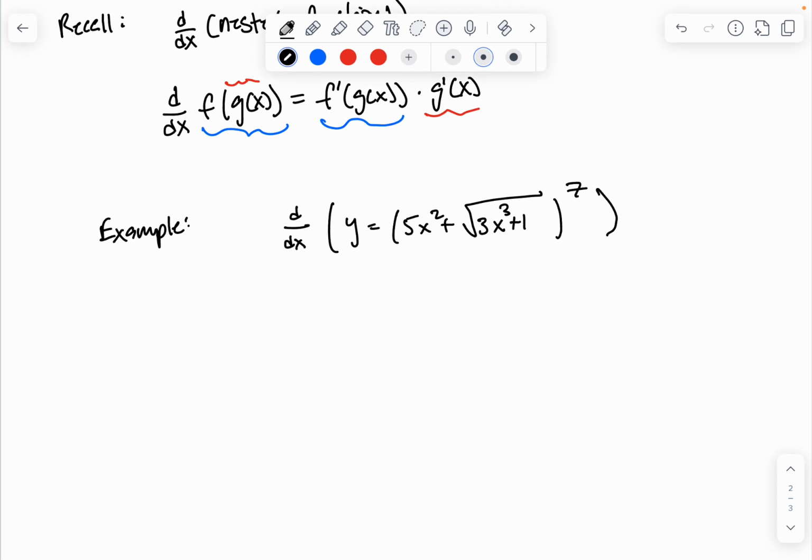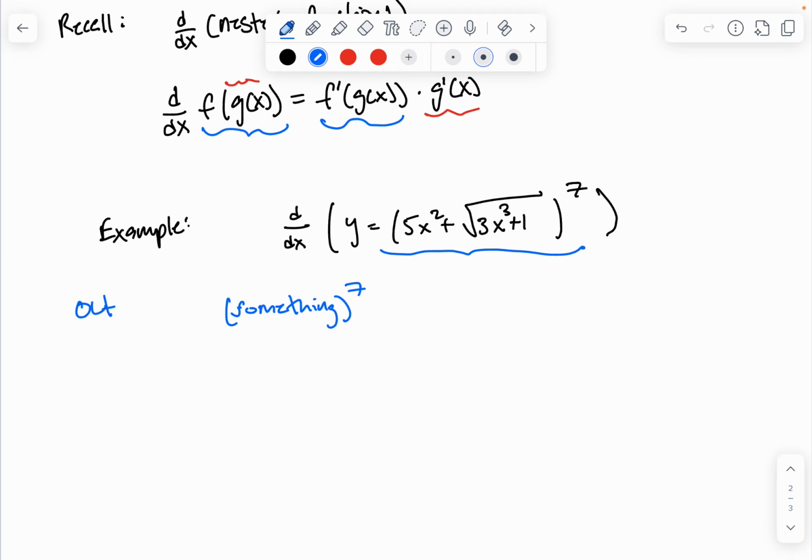Again, before we go in, let's just take a breath. The whole point of calculus and the chain rule is to simplify difficult equations such as this. So let's see if we can separate outer and inner functions. We have this outer function right here, which can be rewritten as something raised to the 7th, right?